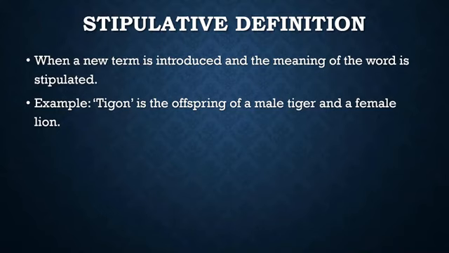Now, normally, when you do a stipulative definition, the meaning stipulated doesn't have any natural connection to the sound of the word. Now, there might be exceptions with onomatopoeia. I should have written that up on the screen.